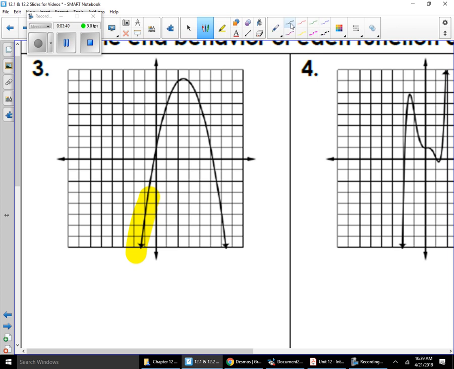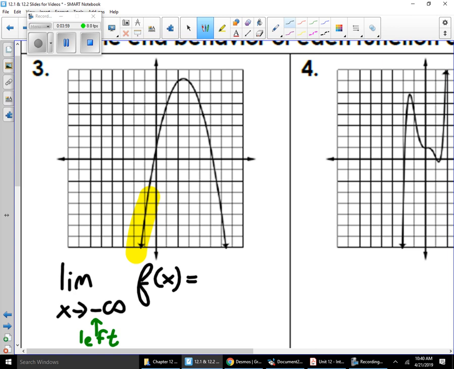Well, since we're talking about the left side of this function, what we want is the limit as x goes to negative infinity. Again, that negative there is talking about the left side. All of our small values, or really large negative values, if you want to think about it that way. So as x approaches negative infinity, this function is shooting off towards negative infinity on the y-axis.